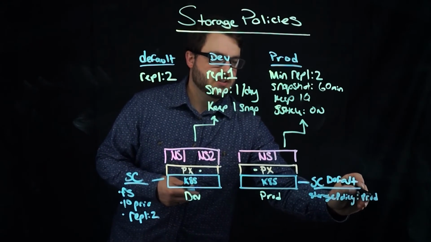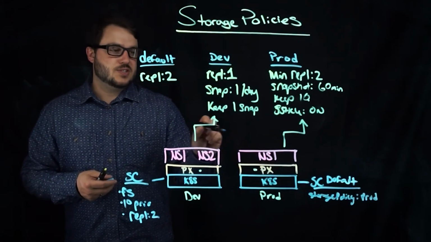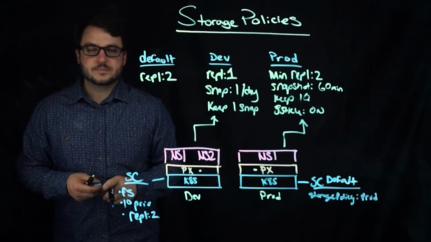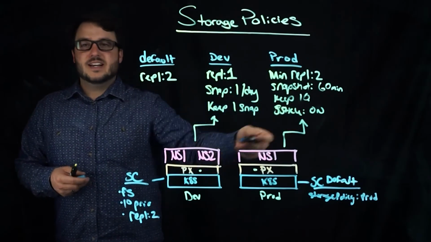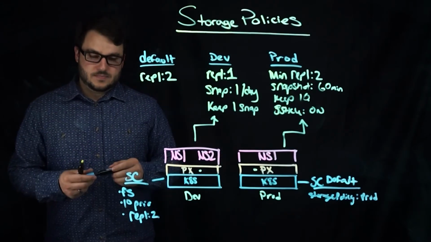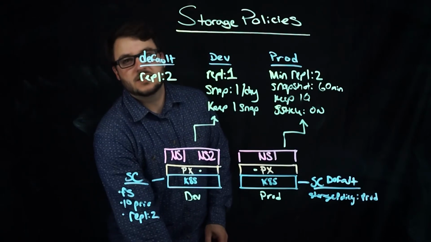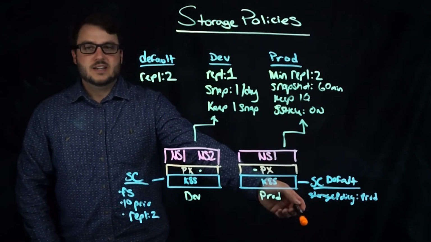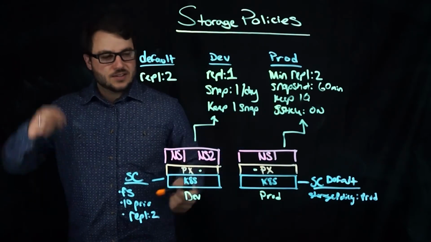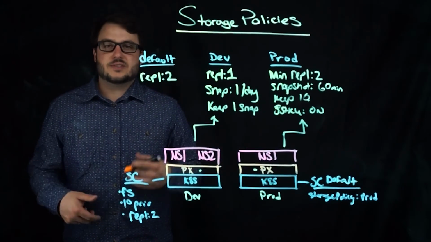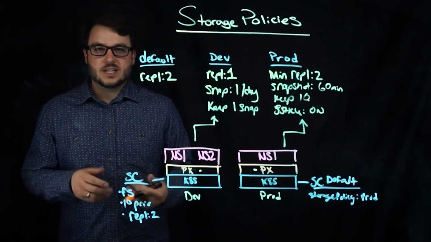So in the storage class that uses Portworx as the provisioner, you just set storage policy equals prod and set that to be the default storage class, and it will automatically inherit what is considered production. Now, the nice part about why you do this instead of just setting them all inside the storage class in Kubernetes is it hides the details of what's actually in there, so an administrator can come in at the storage layer and manipulate these.